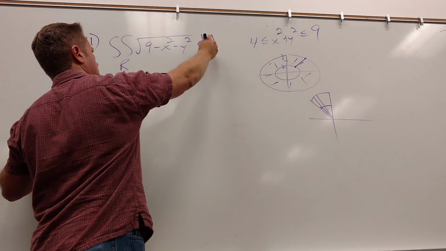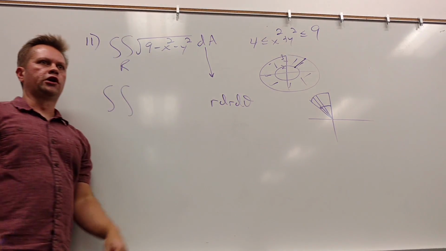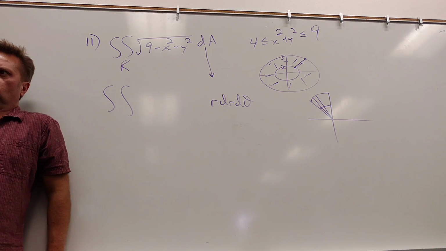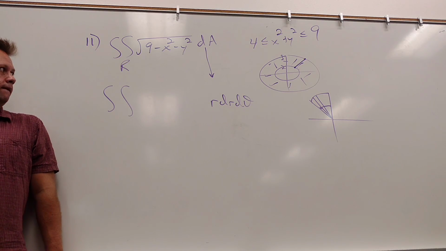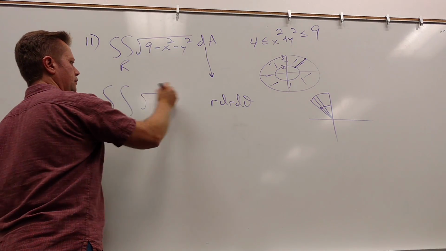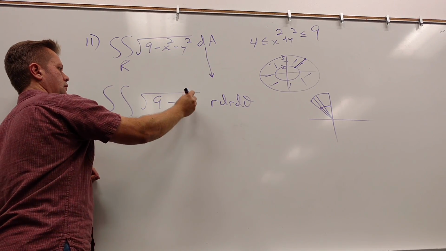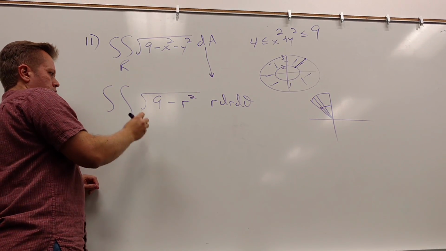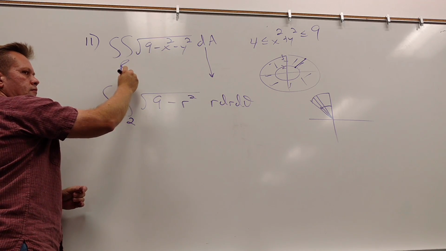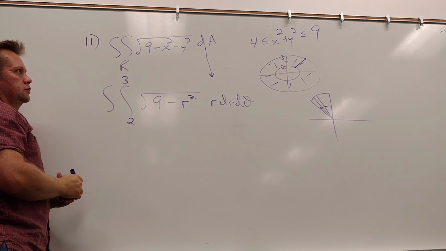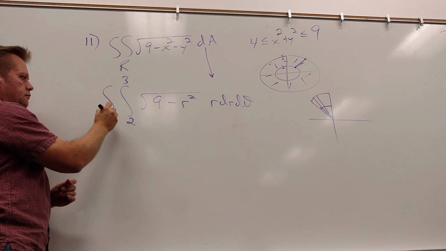So now, what does this become? r dr dθ. And so r, like we said, goes from 2 to 3, as theta goes from 0 to 2π.